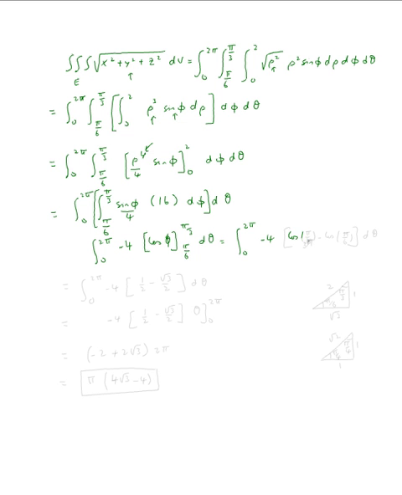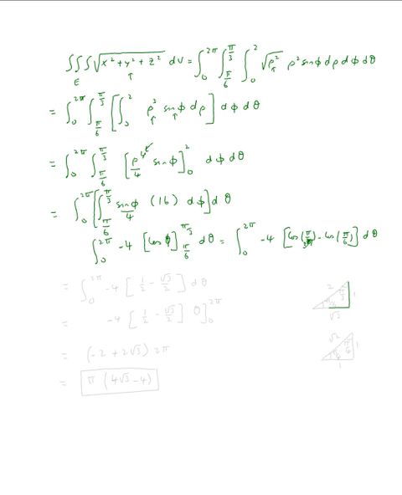Cosine pi over 3, you want to subtract cosine of pi over 6, d theta.